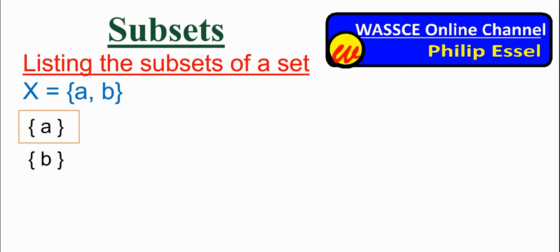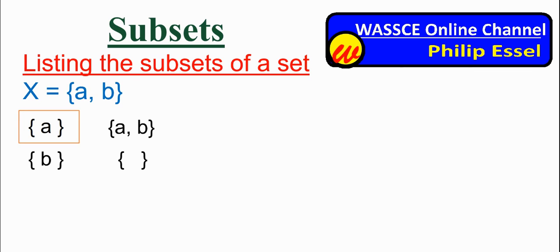Anytime you are asked to list all the subsets of a set, after you have finished listing your main subsets, always remember to add the set itself and an empty set to that list. So, this is the set itself. It should be added to the list. And this is an empty set. It should also be added to the list.